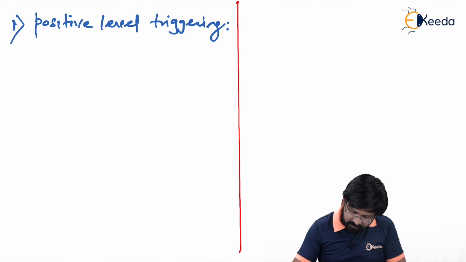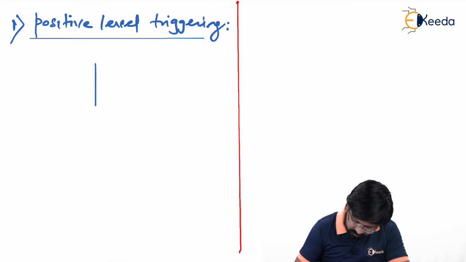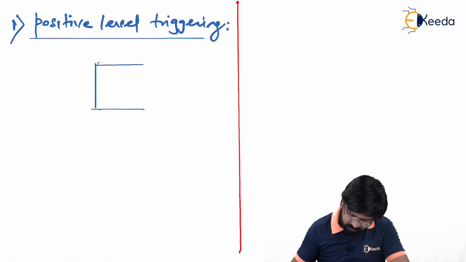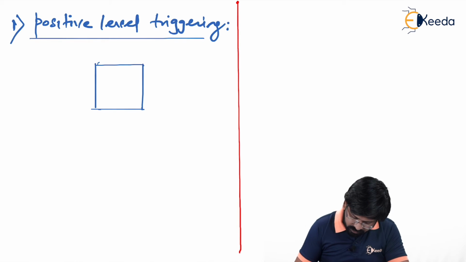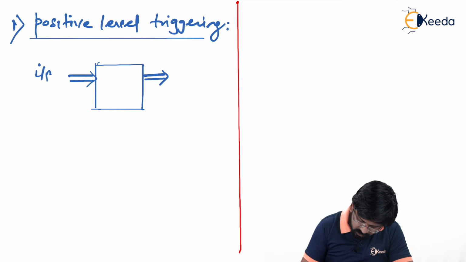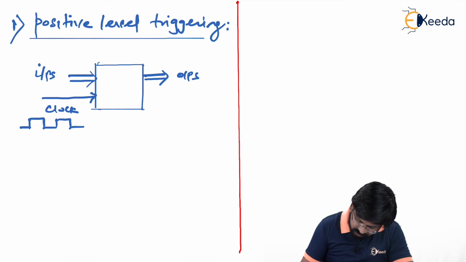So in positive level triggering, let us consider a particular device that will have a set of inputs and a set of outputs. So these are inputs and these are outputs. Along with that, it has one more input for a timing reference called a clock.